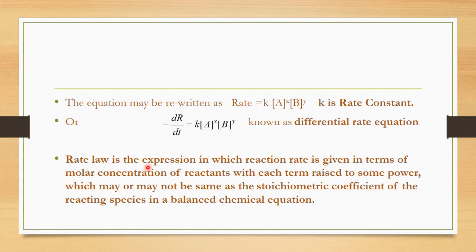Rate law is actually the expression in which reaction rate is given in terms of molar concentration of reactants, with each term raised to some power which may or may not be the same as the stoichiometric coefficients of the reacting species in a balanced chemical equation.